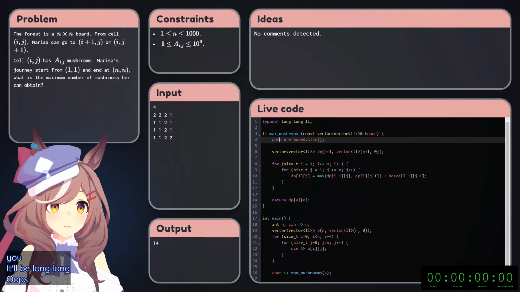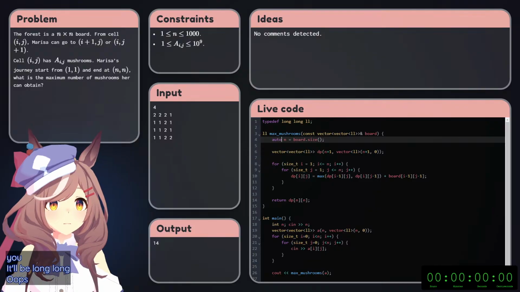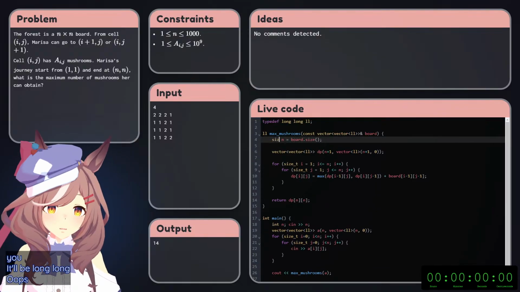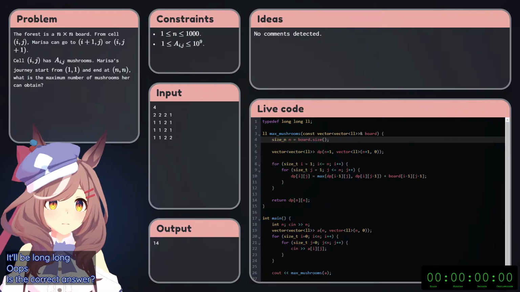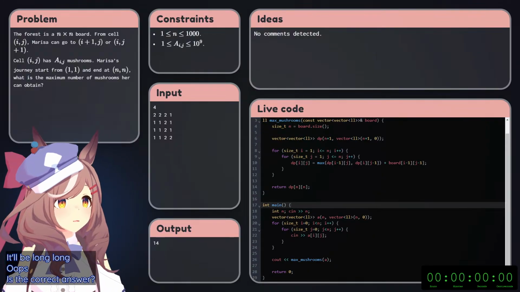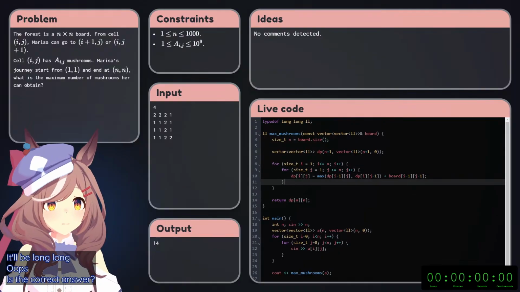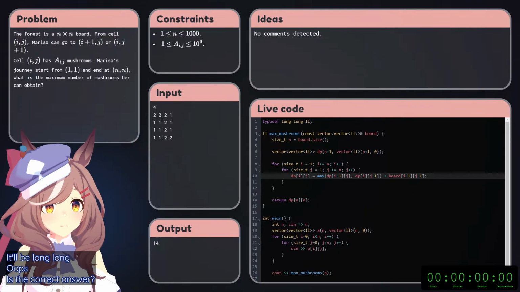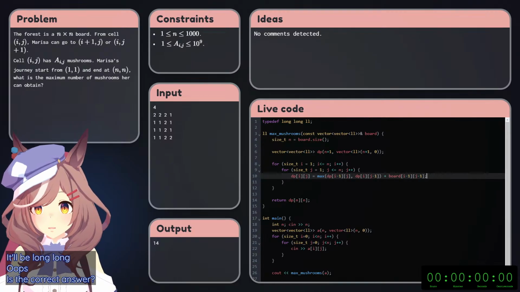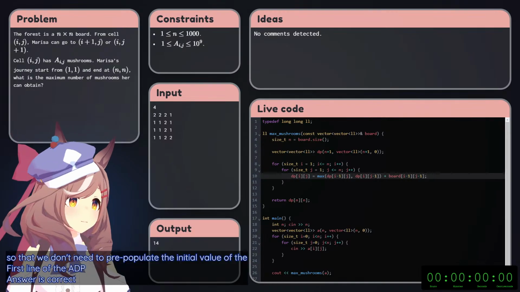Okay, yep, that should be the correct answer. Let's submit this. We pad the array so that we don't need to pre-populate the initial value of the first line.